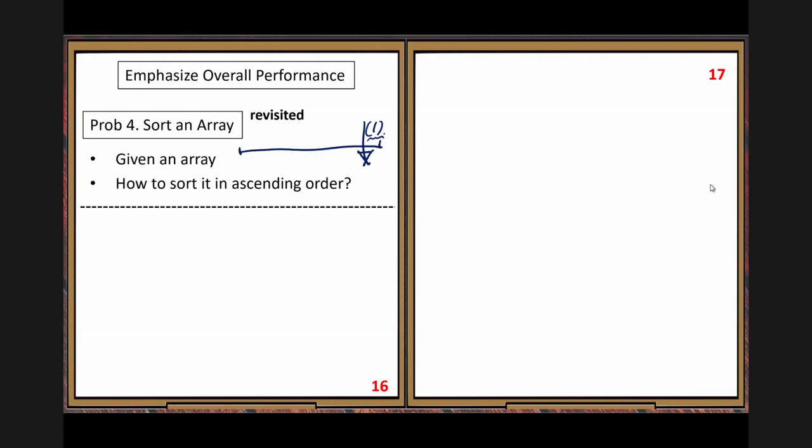If you do a split, the most unbalanced split is 1 and n minus 1. So if, everywhere, you always do this kind of split, that corresponds to the worst case.